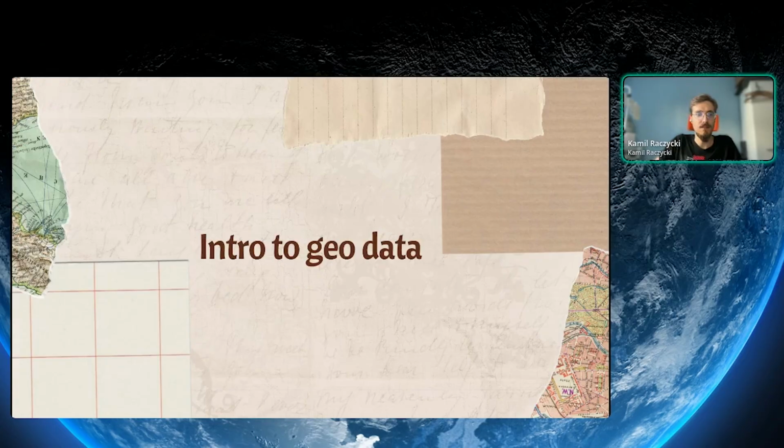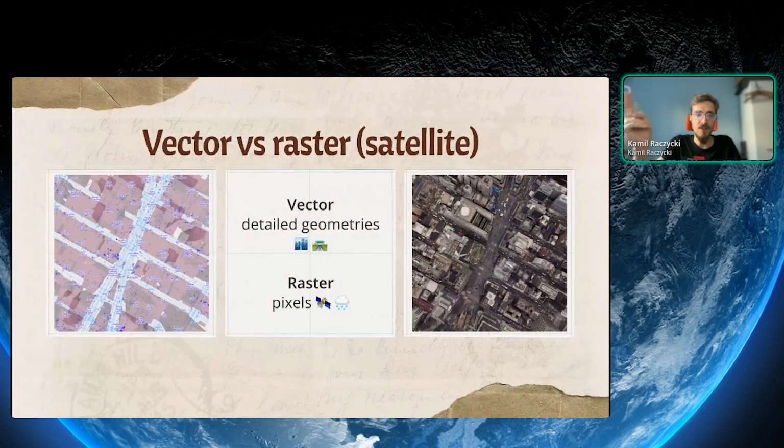Okay, with that out of the way, let me give you a quick introduction to geospatial data. Geodata comes in two flavors, vector data and raster data. Vector data is used to represent precise objects like locations, roads, and boundaries. Vectors basically define the specific shape of a given object and some metadata related to it. Raster data, meanwhile, are basically images, where the pixels represent values.